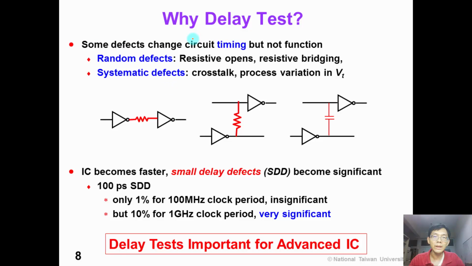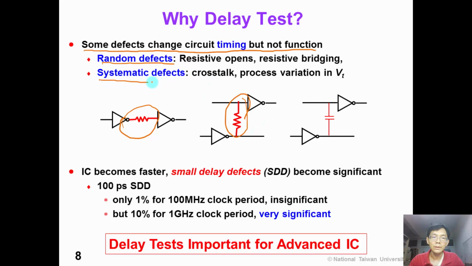So why do we need delay tests? This is because some defects can change circuit timing, but not necessarily the circuit function. For example, random defects such as resistive open and resistive bridging defects may not change the function of the circuit, but can increase the delay of the circuit.